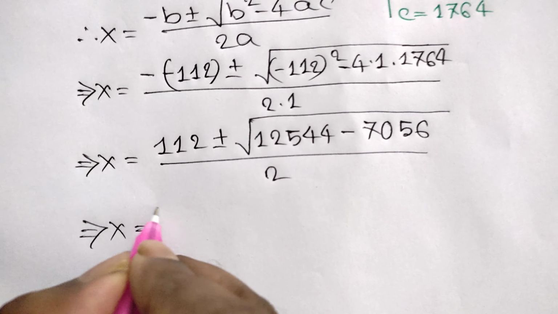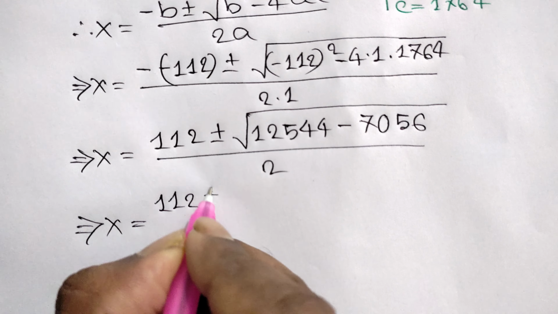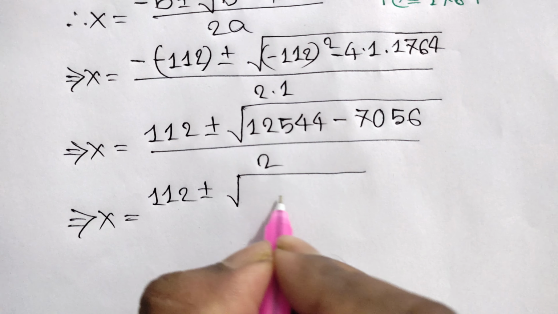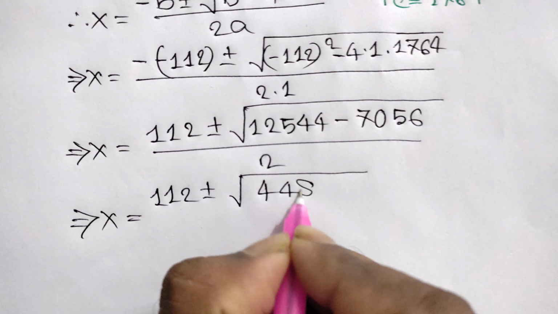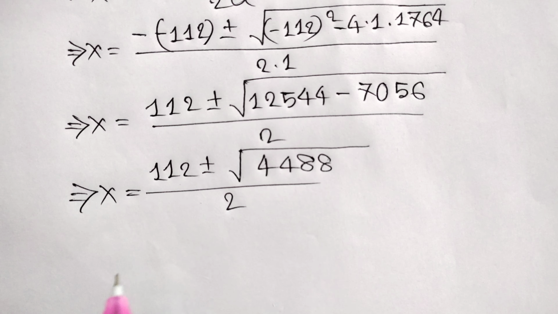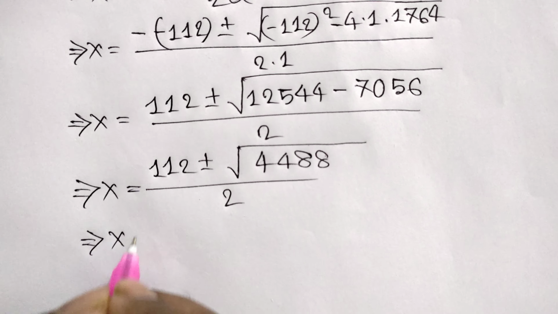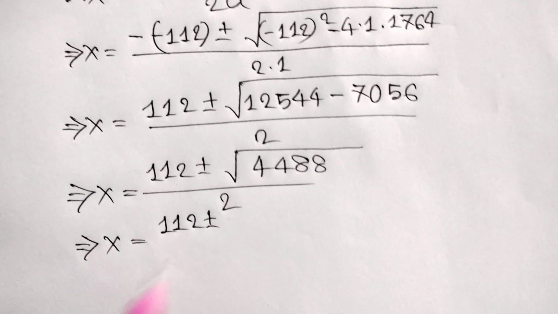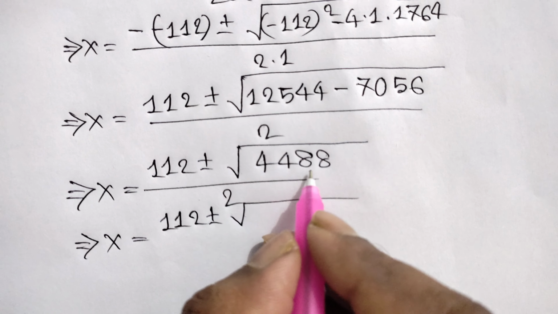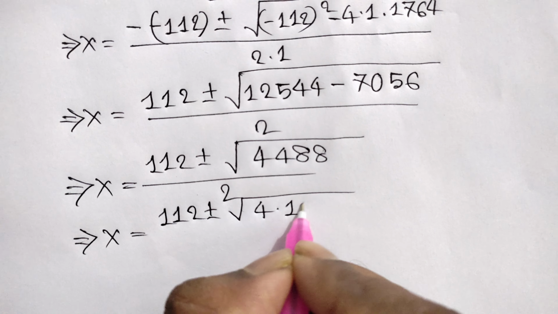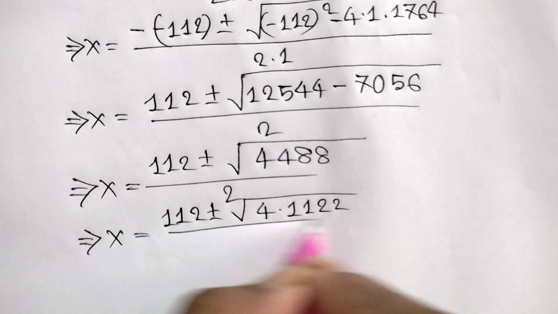So x is equal to 112 plus or minus square root of the result over 2, and this can be written as 4 times 1122 over 2.